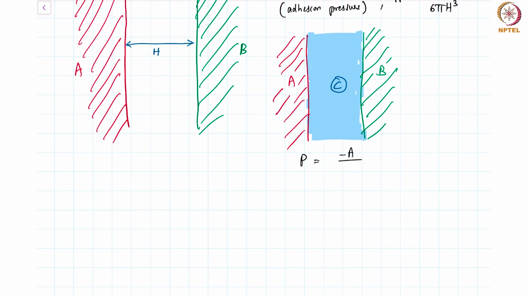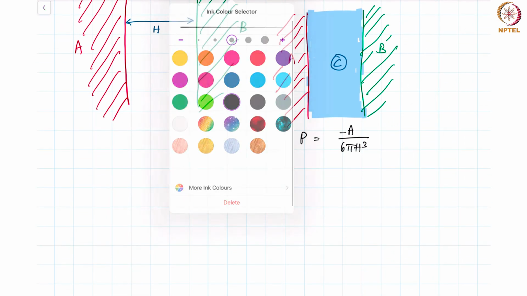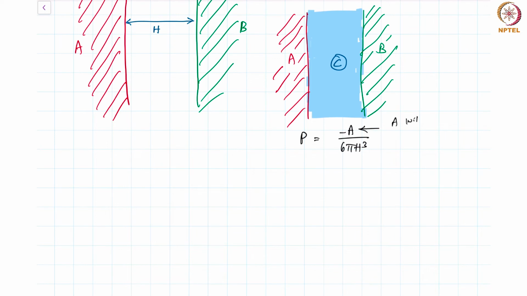P is again exactly minus A by 6 pi h cube. But now this A, the Hamaker constant A, will include properties of medium C as well. The notation was a little unavoidable. Instead of calling it A, B, C, I could have called it 1, 2, 3. But this A, medium A, is different from the Hamaker constant A.